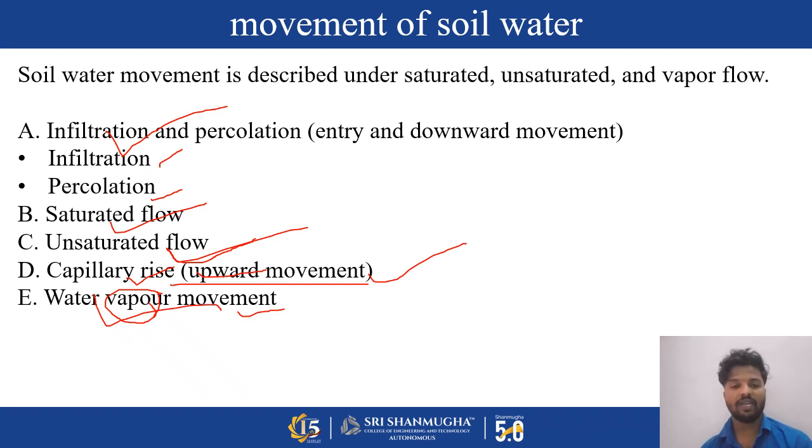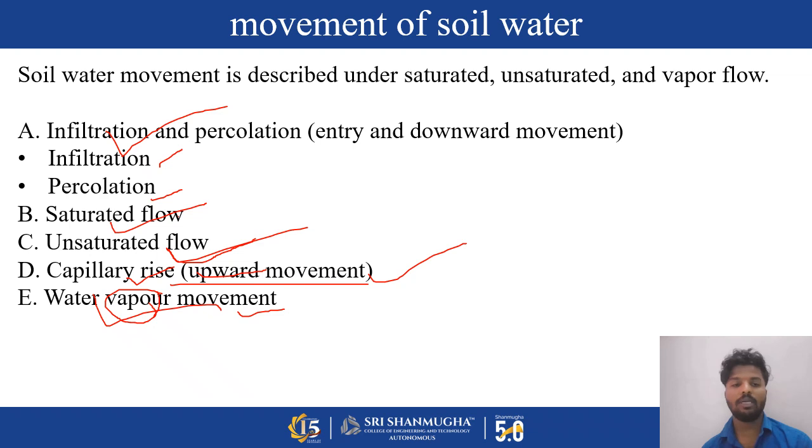The height of rise is greater in fine texture soil, but the rate is slower. In coarse soils, the rise is lower but faster. This upward flow can partially meet crop water demand in areas with a shallow water table, reducing irrigation need, but also potentially bringing salts upward along with the water.